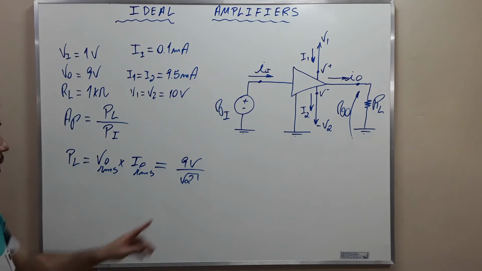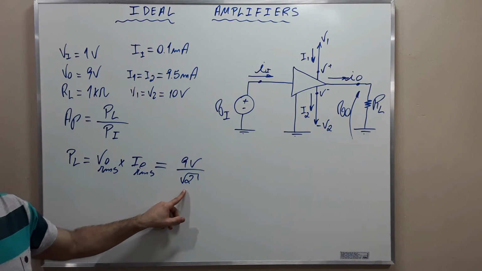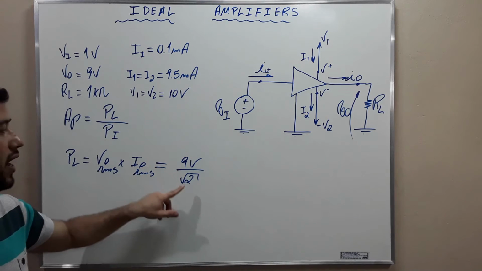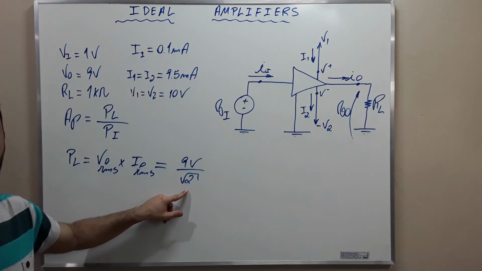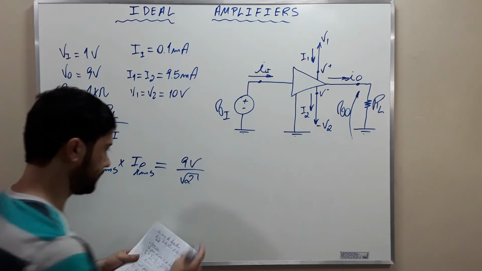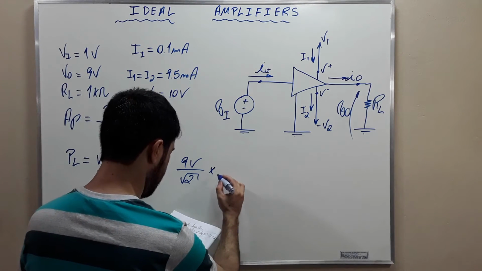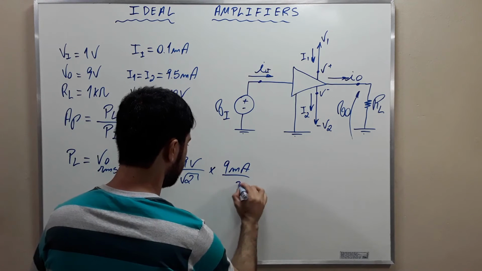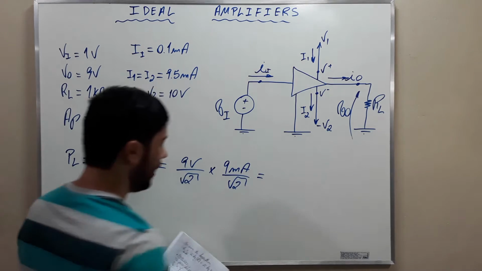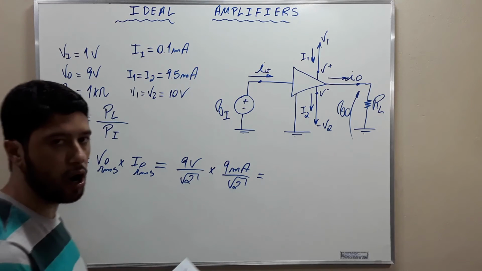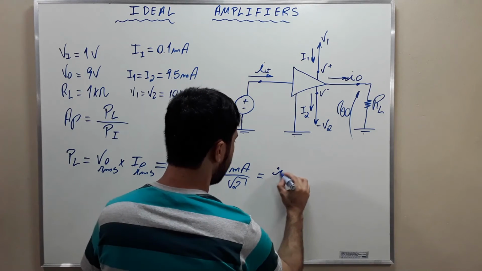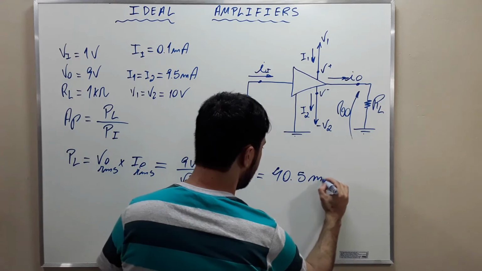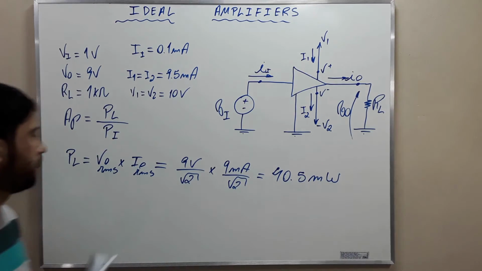Remember that to find the RMS value, we have to divide the peak value by the square root of 2. And then we find the value of 40.5 milliwatts.